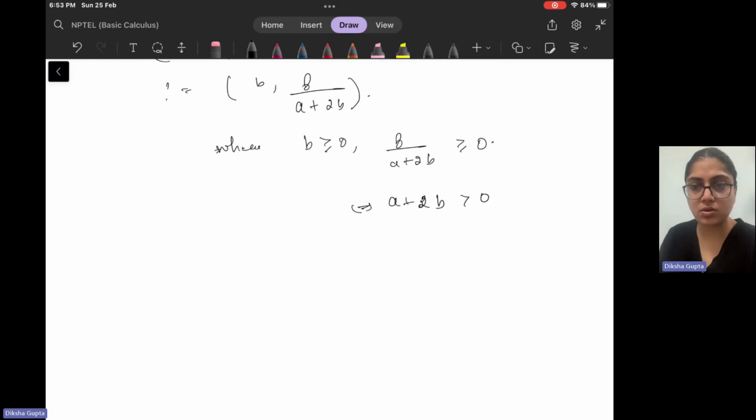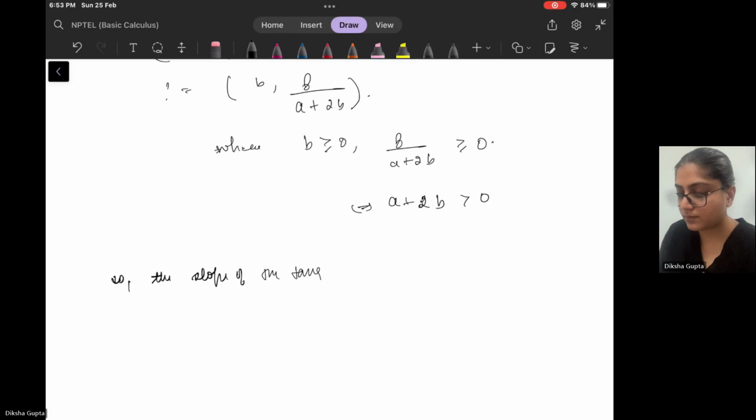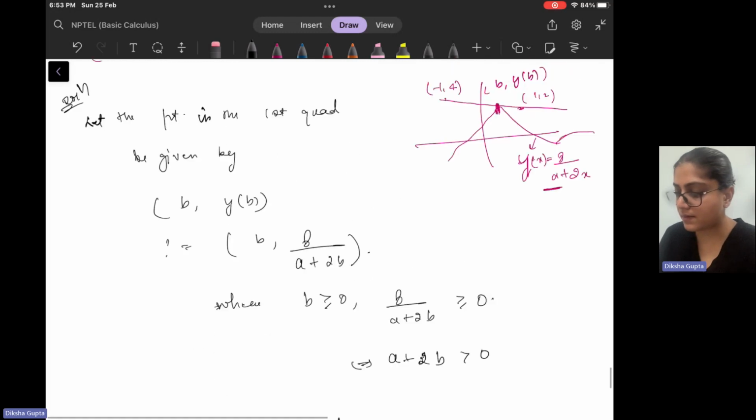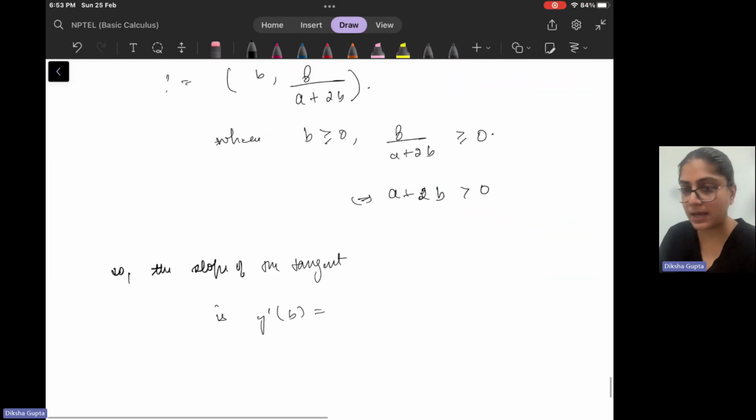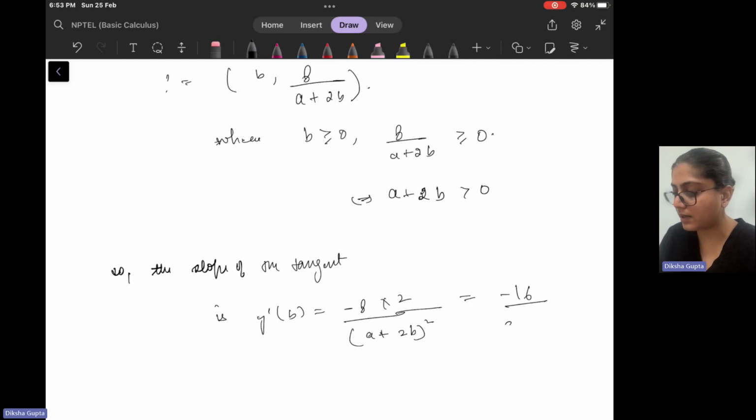The slope of the tangent to the curve is y dash at b, where we just differentiate the given function and put x equals b. So it will be 8 into the derivative of a plus 2x, minus 1 power, a plus 2b whole square, into the derivative of 2x, which is 2. So minus 16 upon a plus 2b whole square, right?